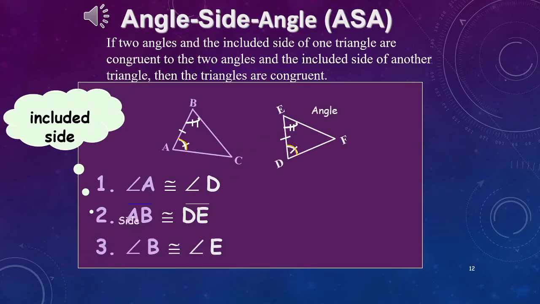And angle B is congruent to angle E. And this is an angle, a side, and an angle. That is the ASA postulate. Are there any questions about the ASA postulate?